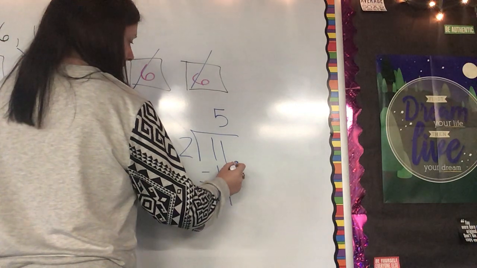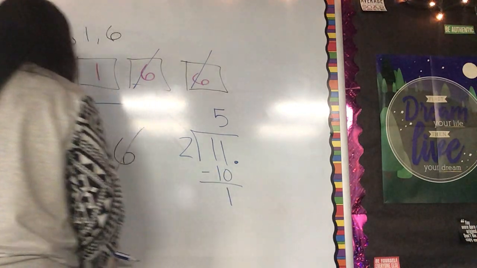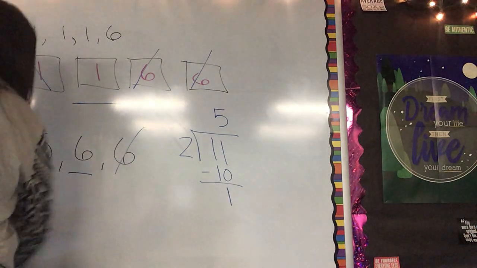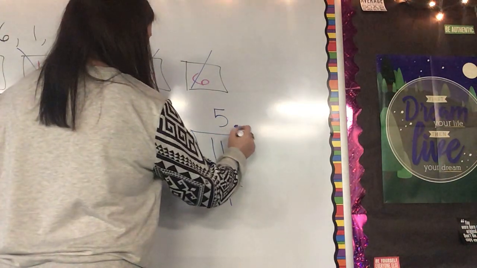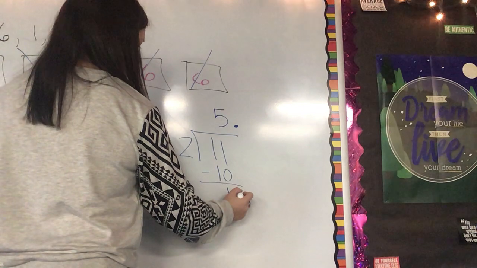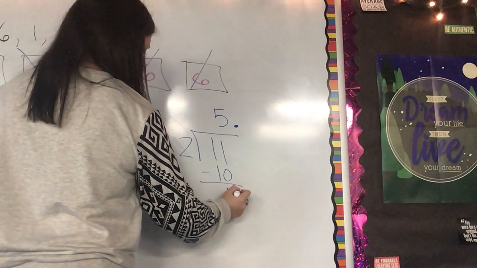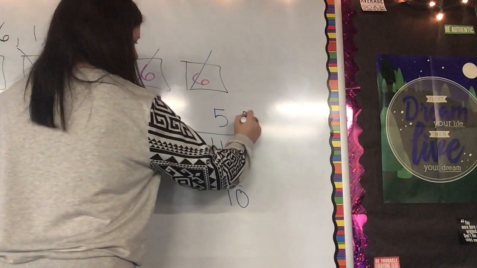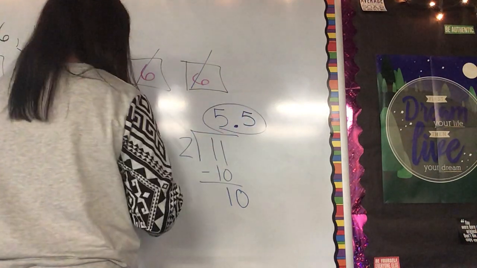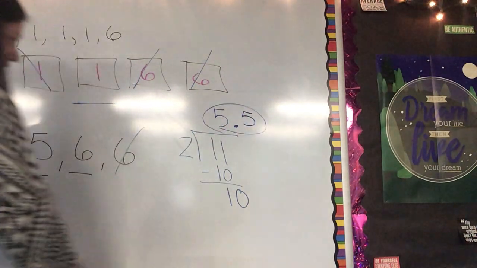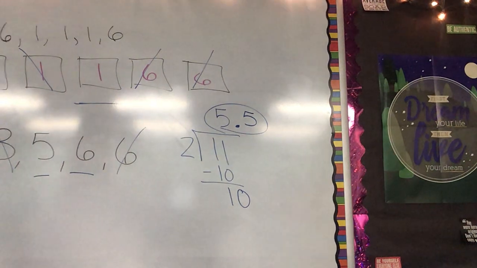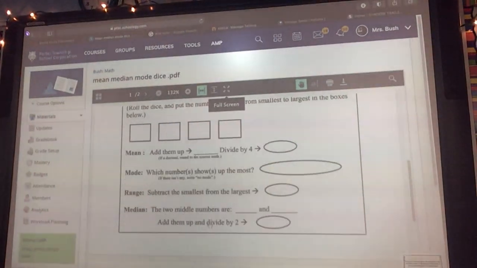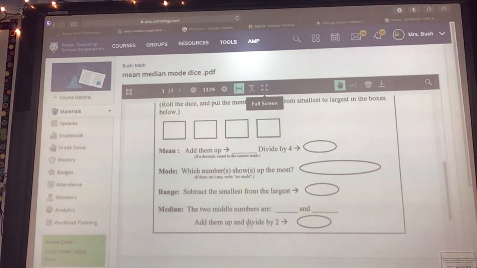Put the decimal by the 5. Very good. And so then I can add a 0. What's 10 divided by 2? 5.5. We have definitely forgotten our long division, guys. All right, so we are done with that one.